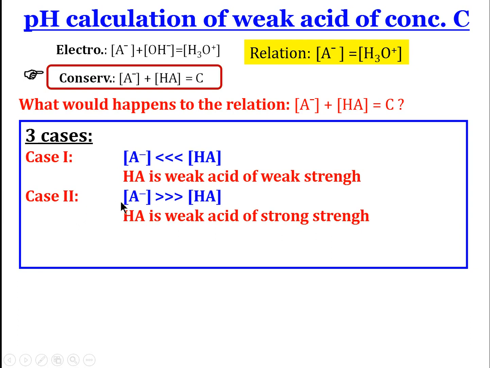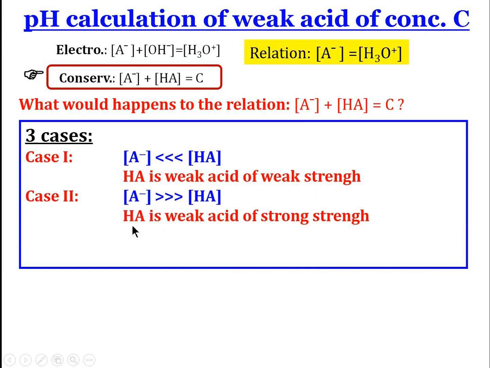In the second case, the concentration of A- is greater than that of HA, so HA dissociates practically to A-, and A- is predominant over HA.